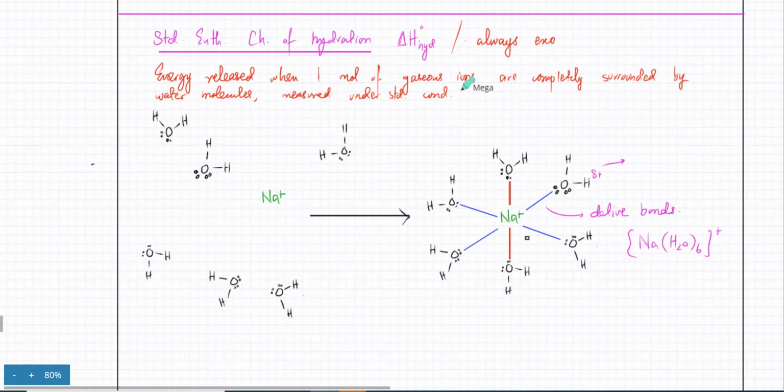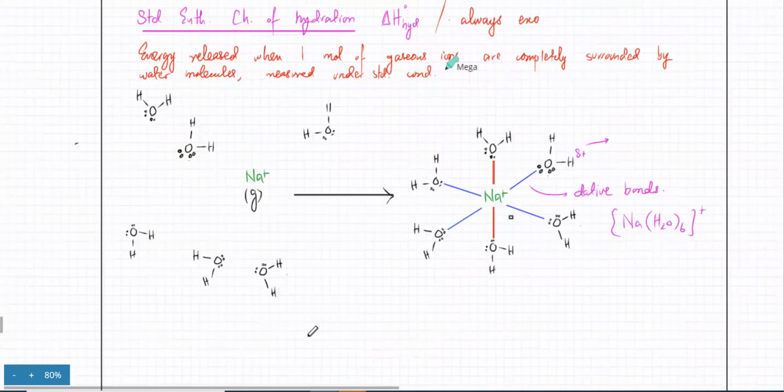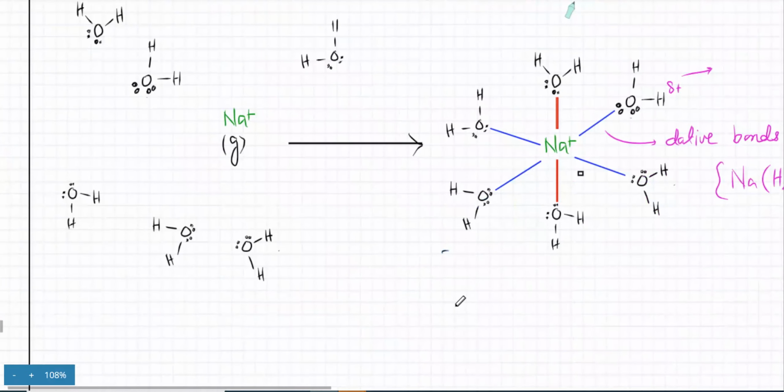A gaseous sodium ion means that it wasn't bonded to anything. If something is not bonded to anything, it's obviously in gaseous state. It's free to move around wherever it likes. So this is what's happening in enthalpy change of hydration: you have an ion and it completely gets surrounded by water molecules. And the reason it's exothermic is because there is bond formation happening. Is that clear? Okay.